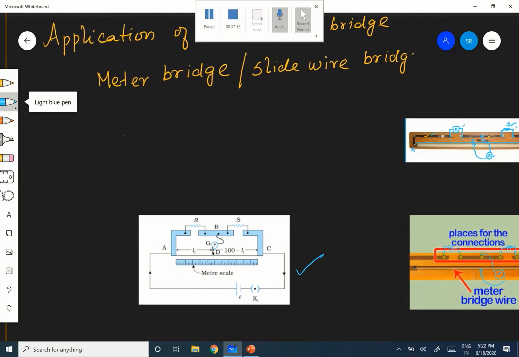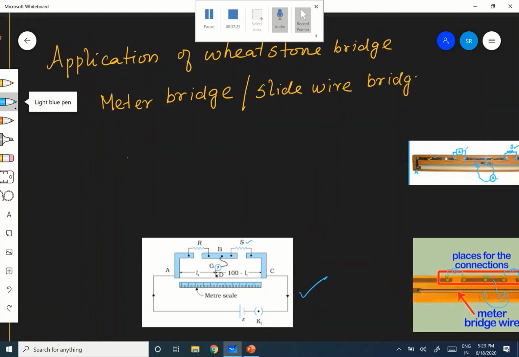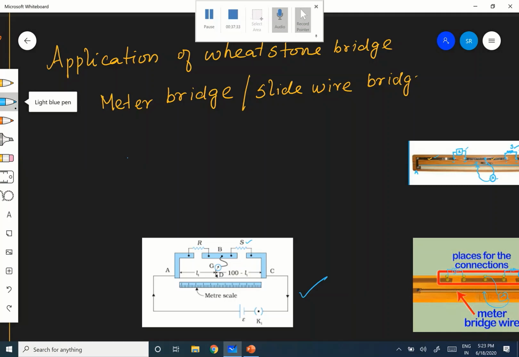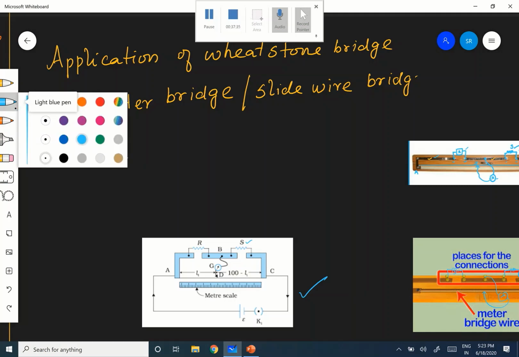Therefore, what are our R and S? S is the unknown resistance. If you want me to draw, I'll draw it anyhow, because it will be easy. If I draw, I think you will understand. I'll draw here now.